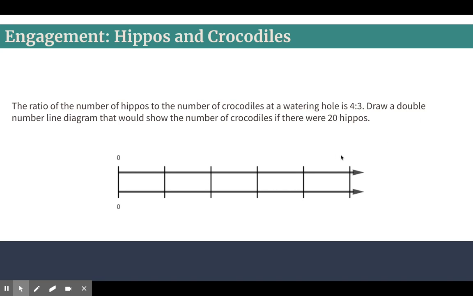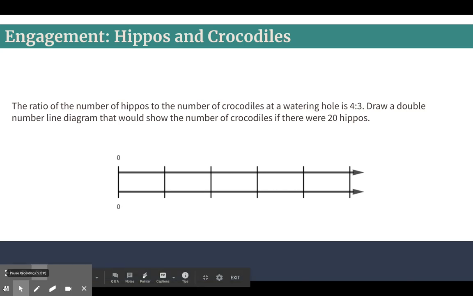We're going to pause for a second for all of you to finish this. Once you finish this in your notes, I want you all to put in the chat, if I have 20 hippos, how many crocodiles am I going to have? So let's pause for a second while you put this into your notes and also type into the chat.